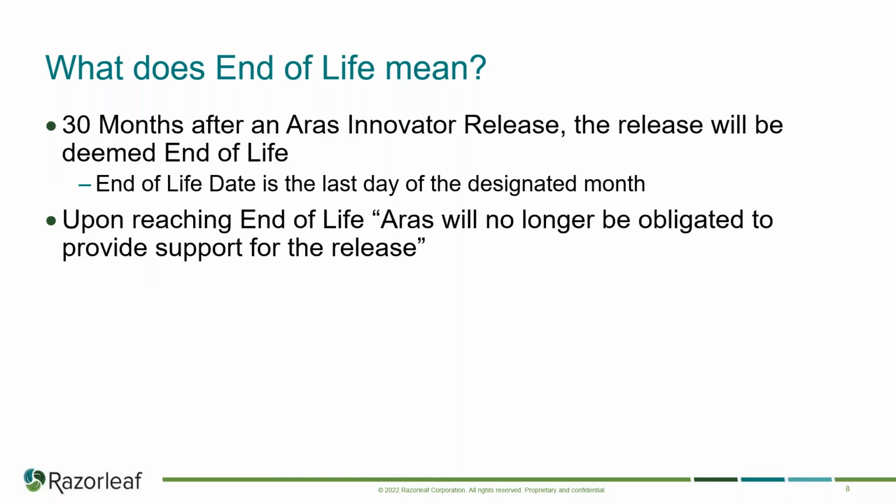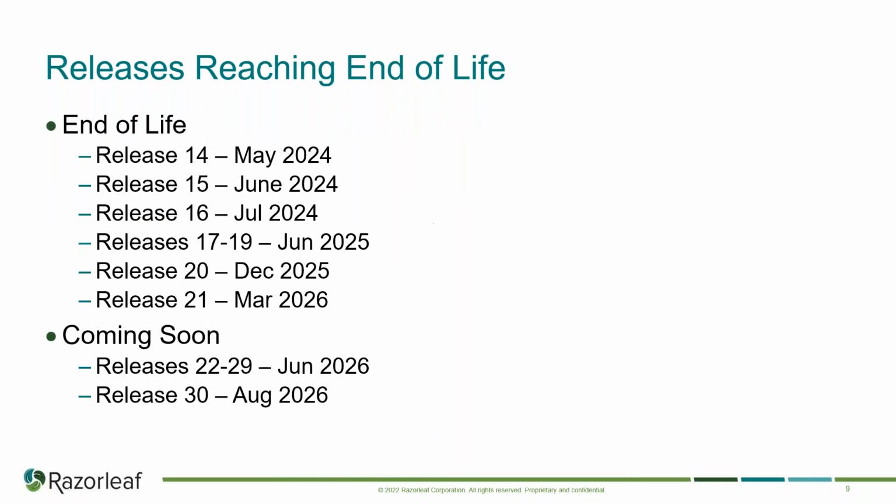So for those of you that are currently on any of these versions that are end of life or potentially reaching end of life soon, please reach out to Aras support, or Razorleaf support if you're a subscriber through us, to get into that upgrade queue and start talking about and planning for an upgrade. As we've gone over in the past, upgrades post 14 have a few different routes that you can take.